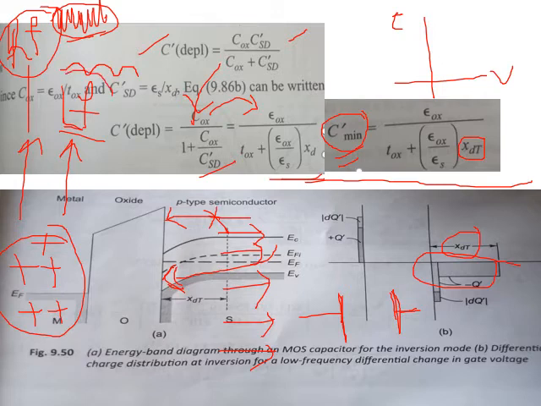And when I change the voltage signal slowly, that slow change in voltage can attract more electrons near the boundary. Why is it so? I had given you an example in one of the previous classes. Suddenly, if somebody says to change the class, say move from block number 17 to 18, within 10 seconds you have to do it. It is not possible, right? Because you need some time for traveling.